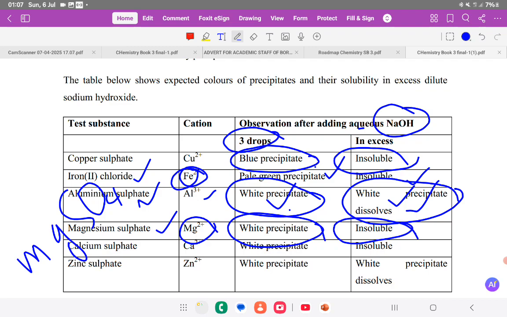All right. You do the same with calcium sulfate and zinc sulfate. In both cases, you see a white precipitate.